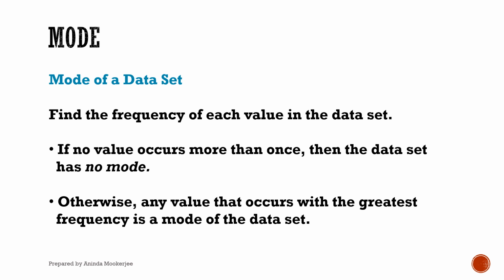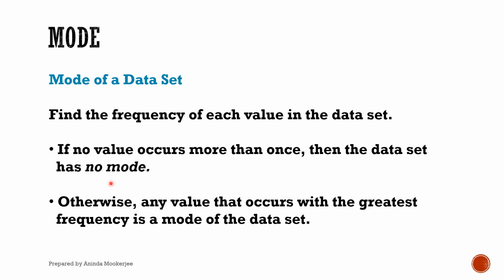Now, the third measure of central tendency is called the mode. The mode is the value in our data set that occurs most frequently. So it finds the frequency of each value in the data set. Now, if no value occurs more than once, then the data set has no mode.